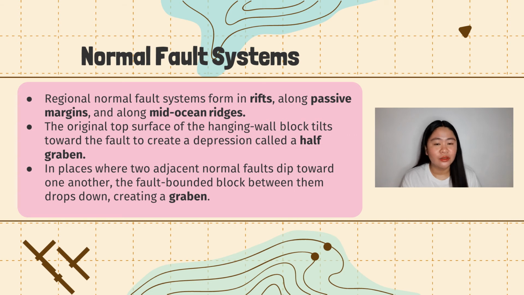In places where two adjacent normal faults dip toward one another, the fault-bounded block between them drops down, creating a graben. Where two adjacent normal faults dip away from one another, the relatively high footwall block between the faults is called a horst. Horsts and grabens commonly form because of the interaction between synthetic and antithetic faults in rift systems.